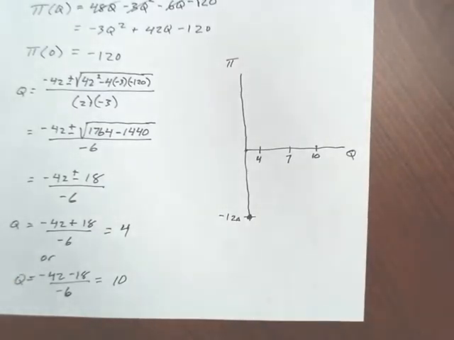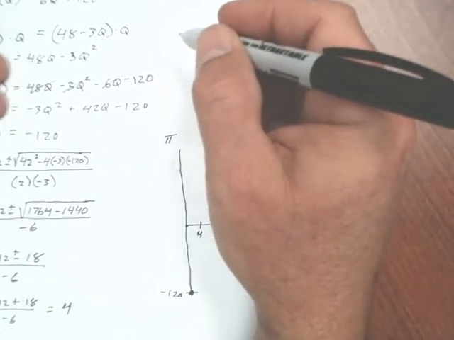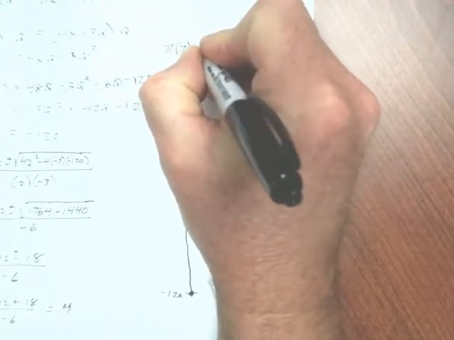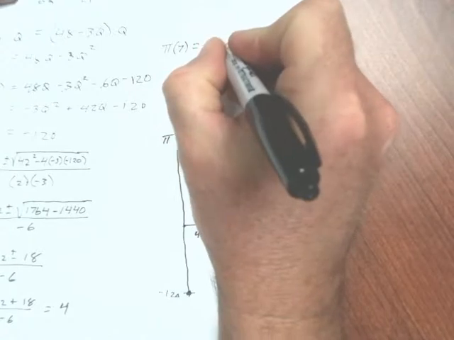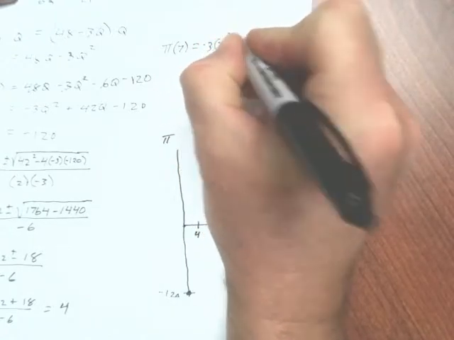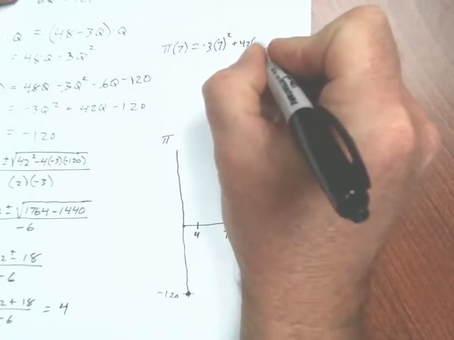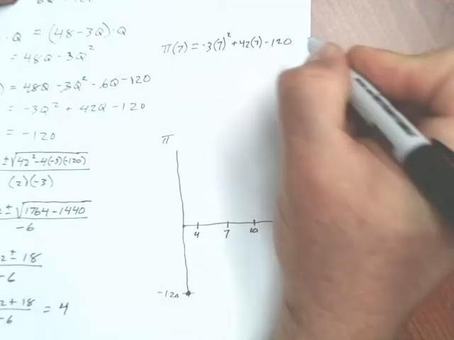Now what is profit at 7? Then we would plug this into the profit function. So pi of 7 equals negative 3 times 7 squared plus 42 times 7 minus 120.